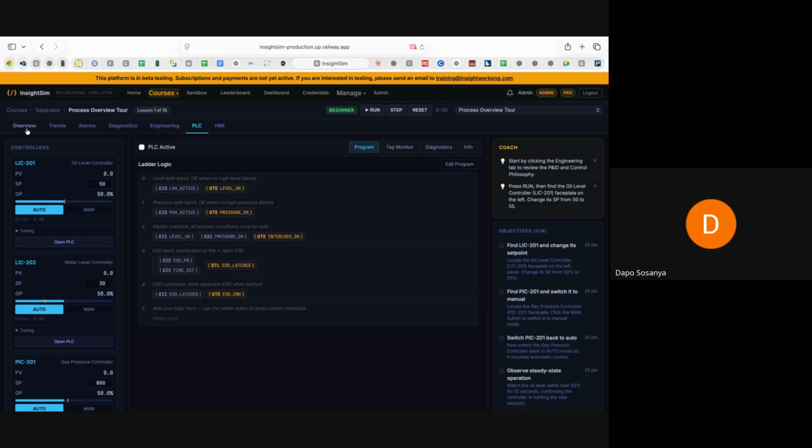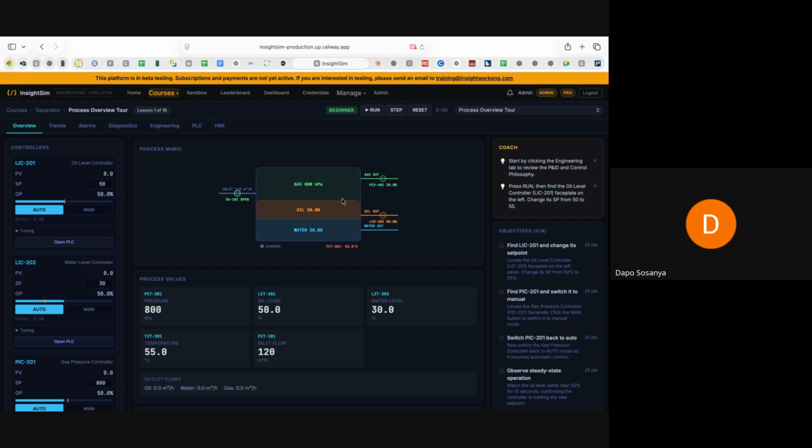The point I'm trying to make is, when you look at a tank, you don't look at it in isolation. The tank is connected to an upstream process. Somewhere here will be the oil well, what you call the Christmas tree, or the wellhead.